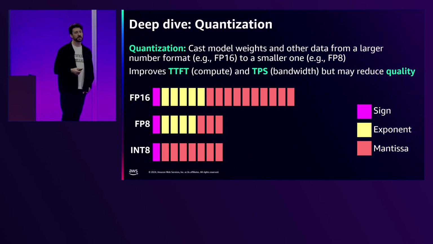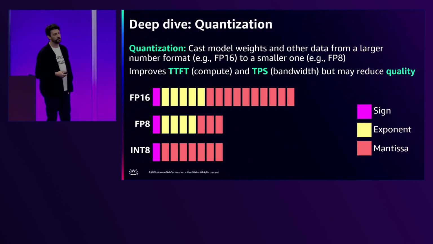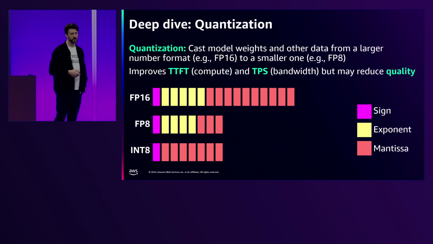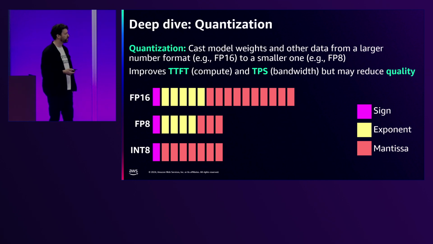So I want to do a quick deep dive into one of the options that we just displayed. That is quantization. It's a relatively approachable consideration. Essentially, what we're trying to do is trade off numerical precision for other gains.